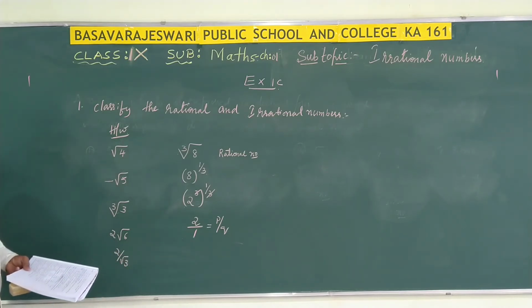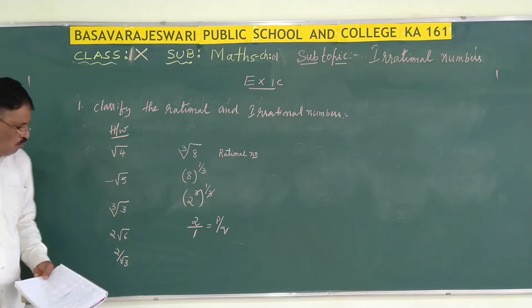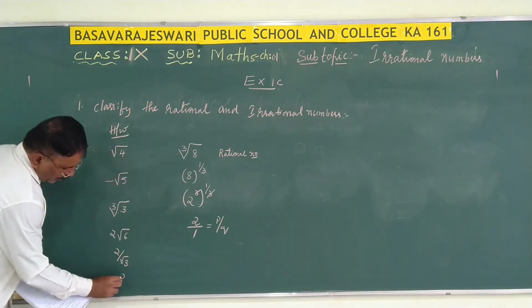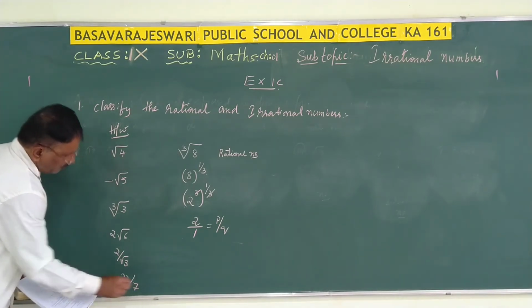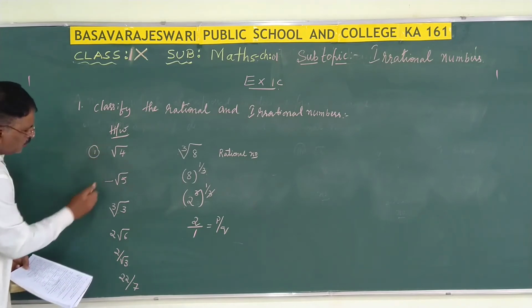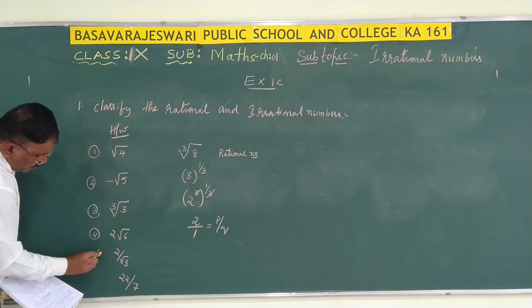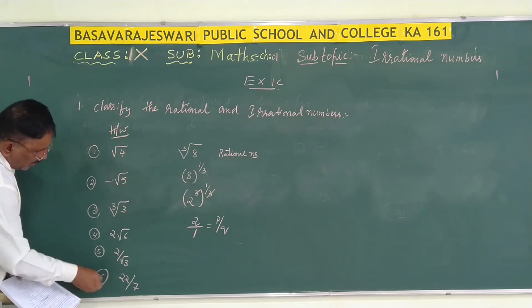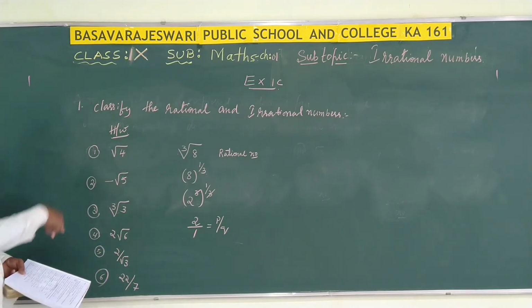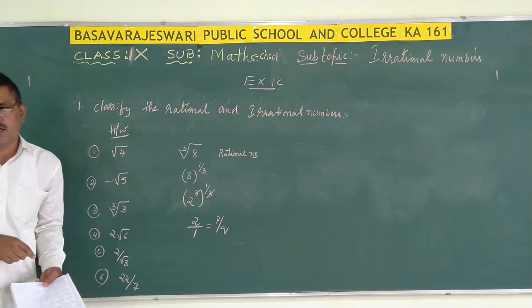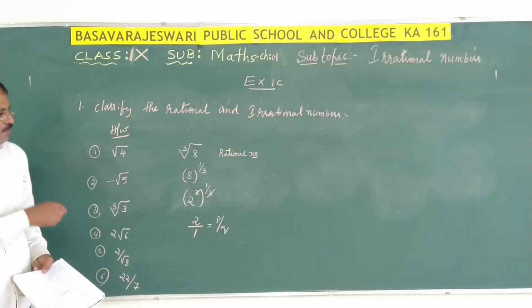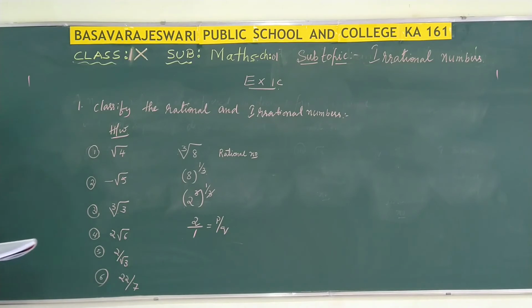And even 22 by 7 is also homework for you. So all these, 1, 2, 3, 4, 5, 6, I have given 6 questions. You need to classify these as rational numbers as well as irrational numbers. Yes, please note down.